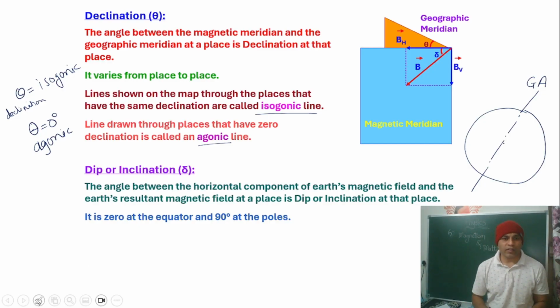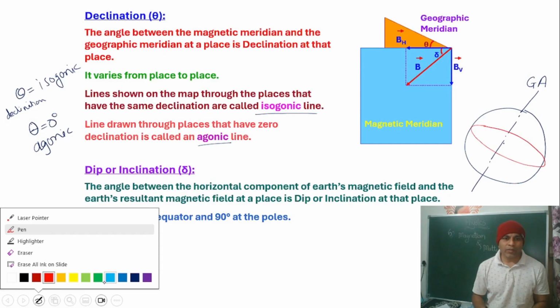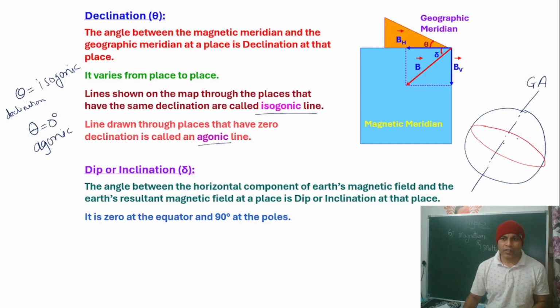Firstly I will make the equator here, the geographical equator. Now what happens here, it is at an angle of 70.